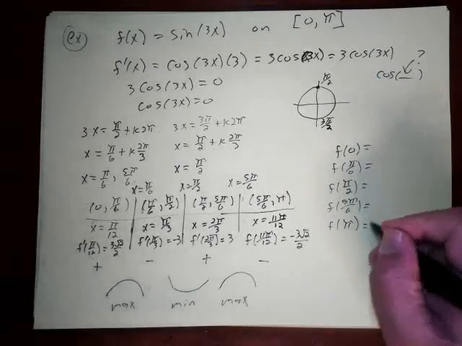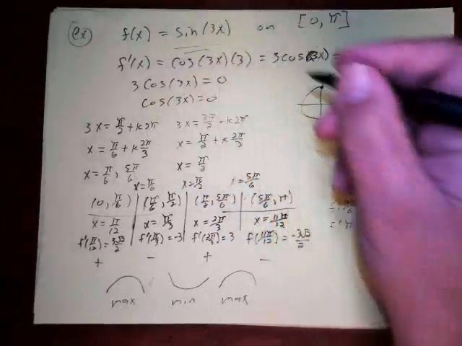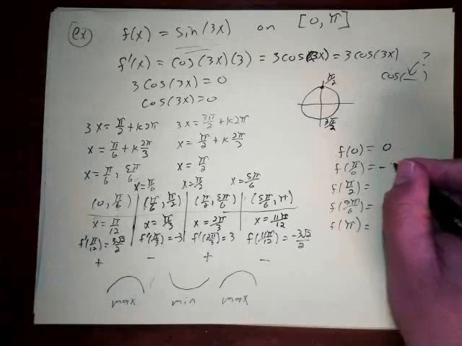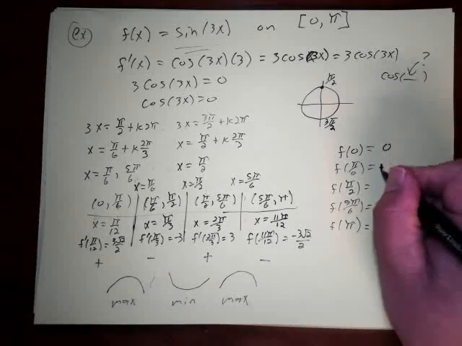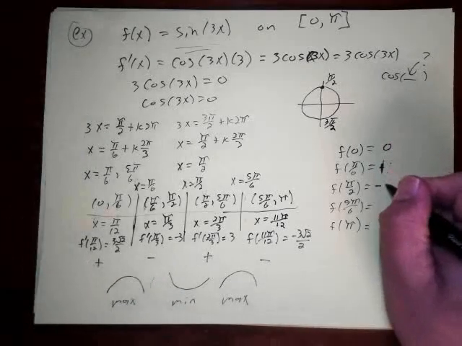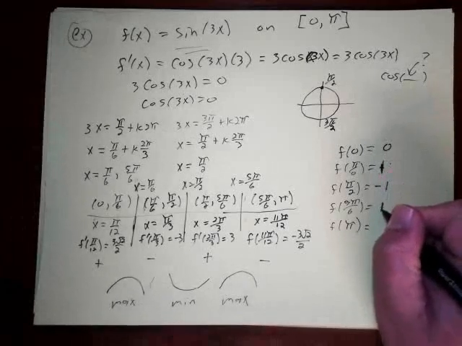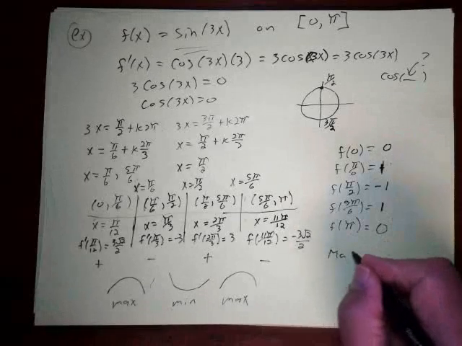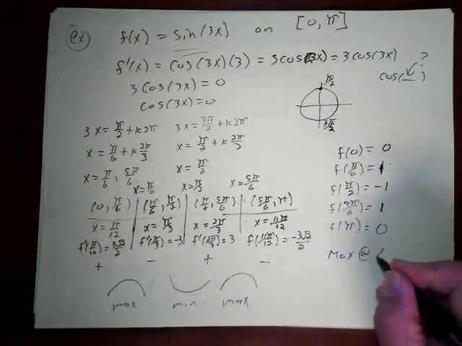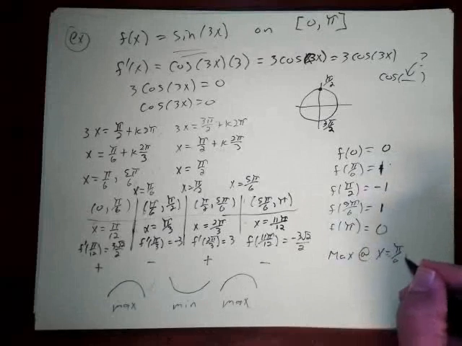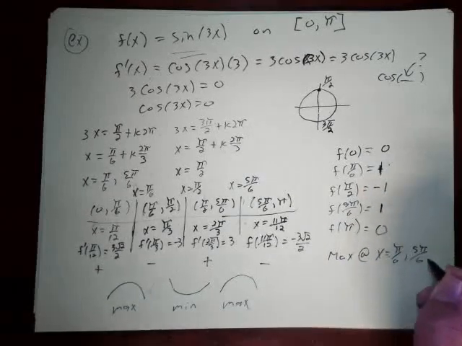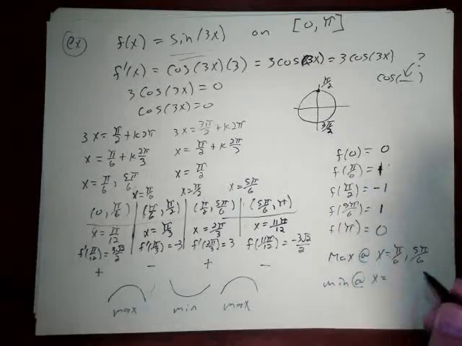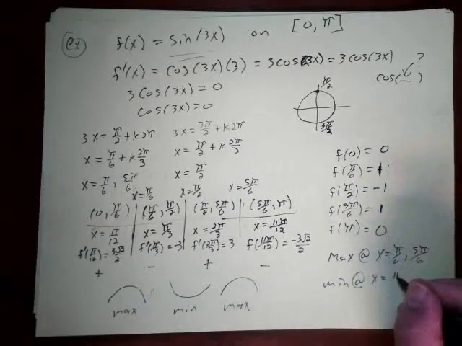And then when you plug these into this original function, you end up getting 0 for this, positive 1 for this, negative 1 for this, a positive 1, and then 0. So it looks like you're going to get a max at x equals pi over 6 and 5 pi over 6. And you're going to get a min at x equals pi over 2.